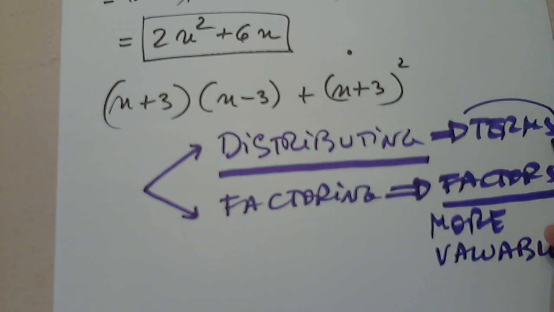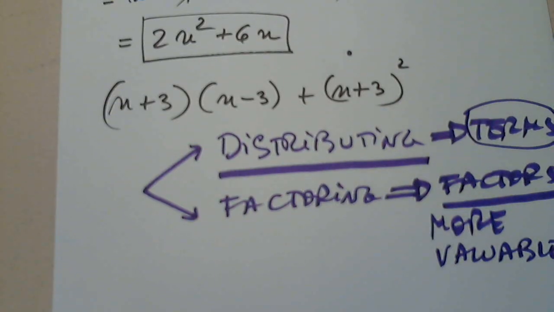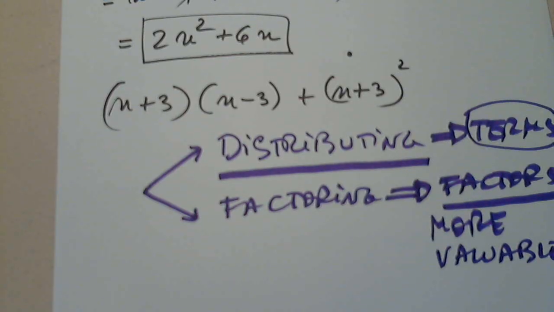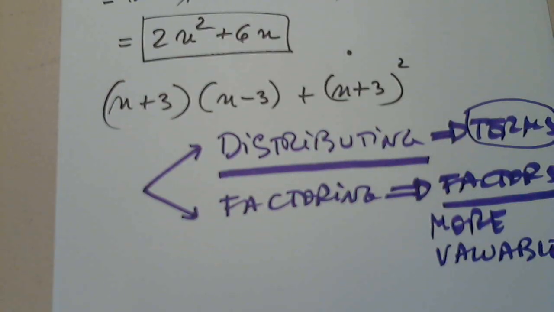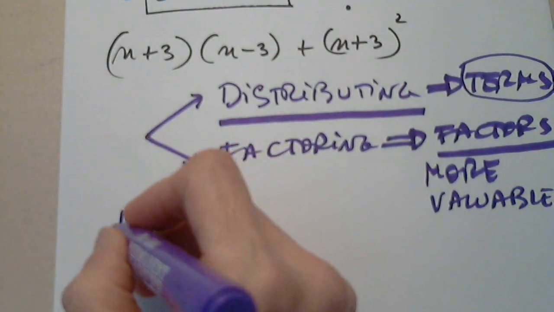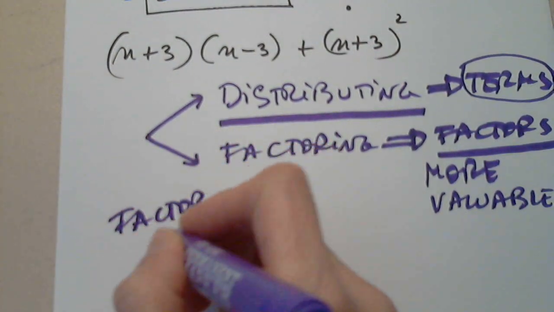than terms. Terms are good, but we can do more with expressions that are fully factored. We can solve equations. We can simplify. Moving forward, I always tell my students, don't do anything before you factor and simplify.